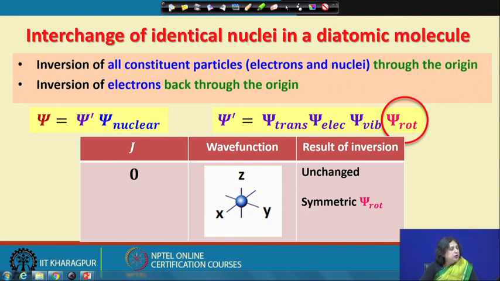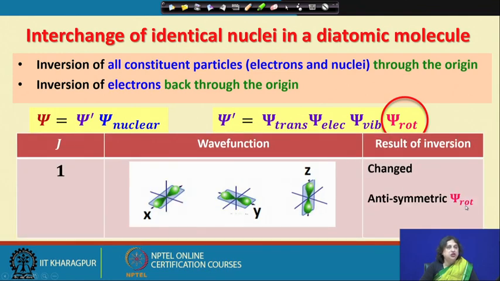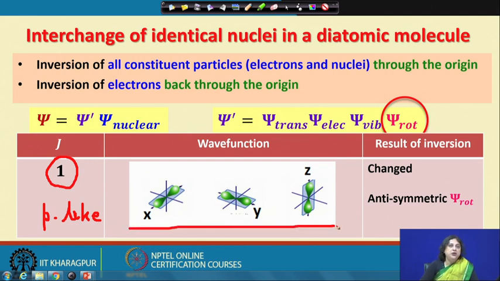Now, let me also look at the other cases, like when j is equal to 1. When j is equal to 1, this is the case where I have the rigid rotor wave function displaying symmetry properties exactly like the p-like. Okay. So, if it is p-like, then here we have shown the orientational dependence of the different solutions which are associated with j equal to 1.